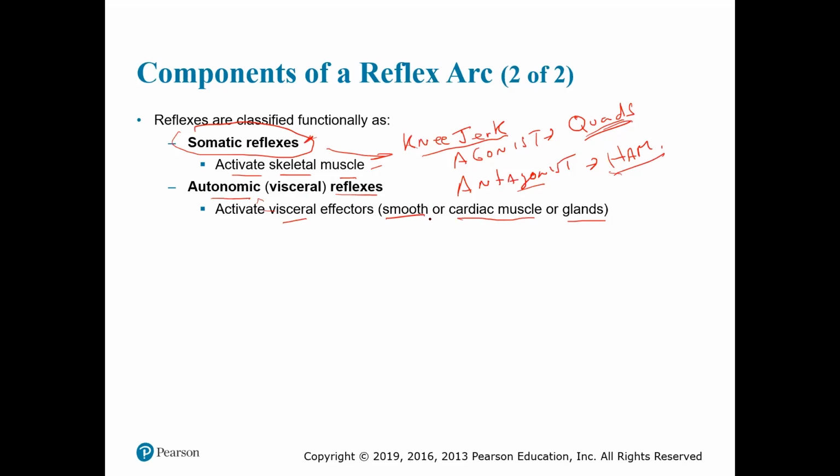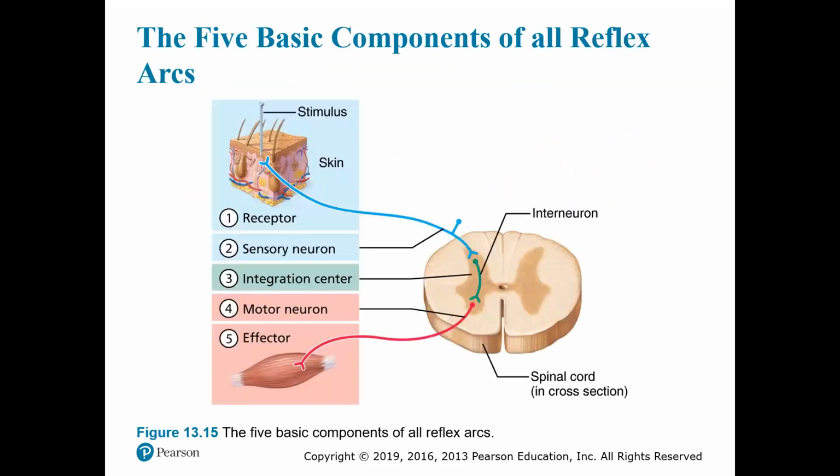So we always memorize the effectors. For somatic, skeletal muscle is the effector, whether it's reflex or not, really. And the autonomic effectors, motor, are smooth muscle, cardiac muscle, and gland. So the output is motor, and we'll talk about the input, how we do this. So this is a great picture. I always like the way Pearson does this because it shows you a pain receptor here.